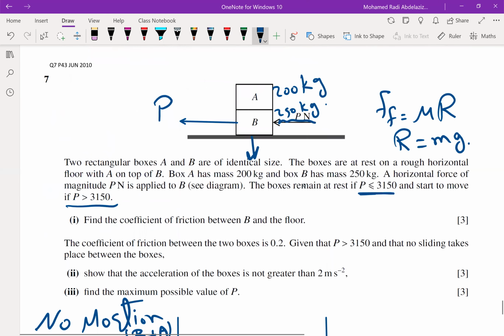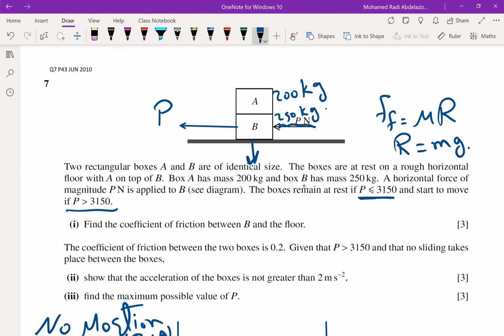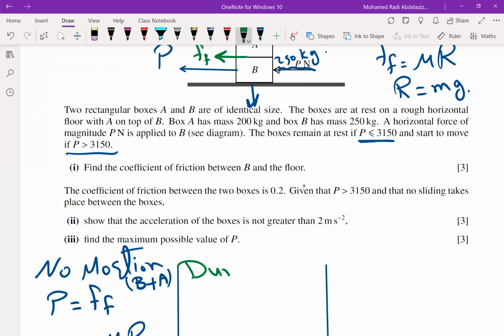When we increase the value of P, the system moves in this direction. Now look at particle A. When you resolve the forces acting on A during the motion, it is the frictional force which makes particle A move with B, without sliding.